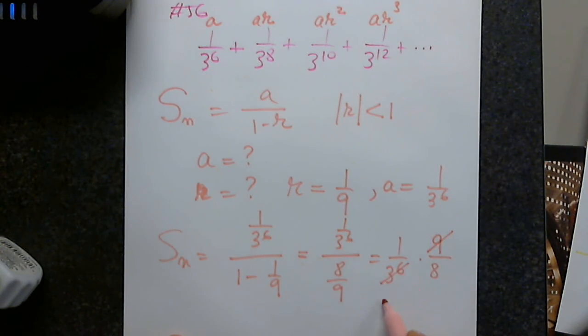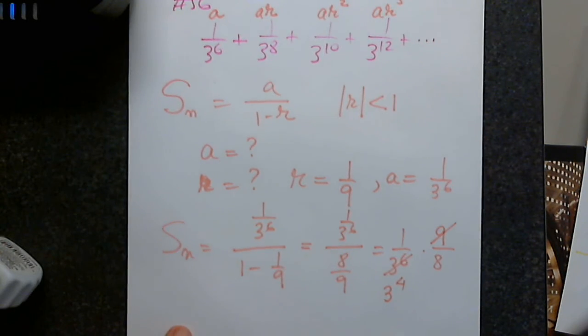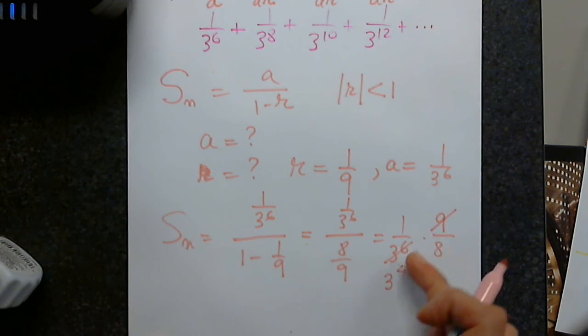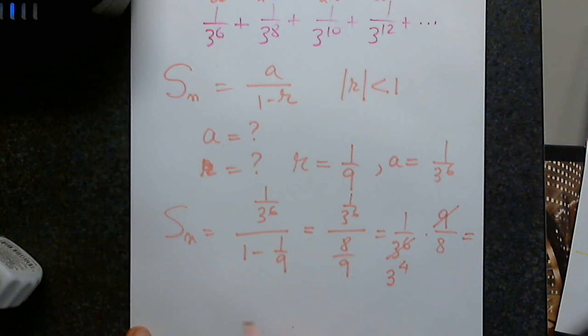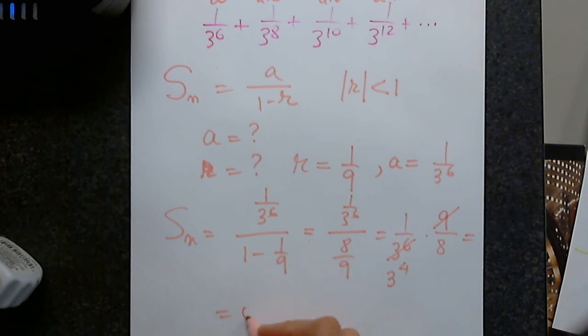So I will get 3 to the 4th, because this is 3 squared and this is 3 to the 6th. So the answer will be 1/8 divided by 3 to the 4th. 0.00154.